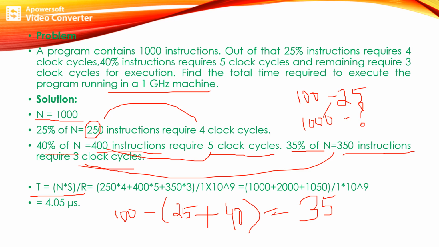So 250 into 4 is equal to 1000, 400 into 5 is equal to 2000, 350 into 3 is equal to 1050, divided by 1 gigahertz. We get the final value, the total time required to execute the program, equal to 4.05 microseconds.